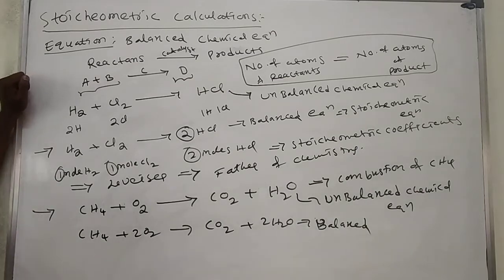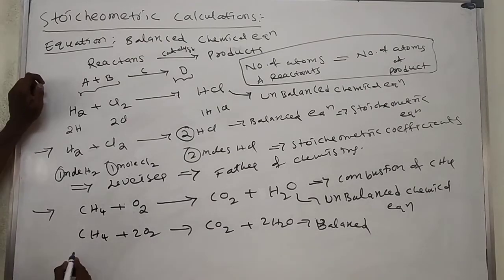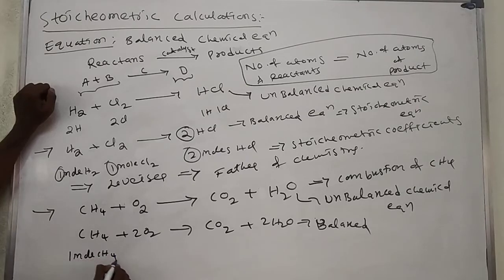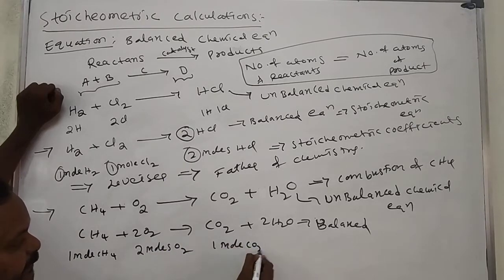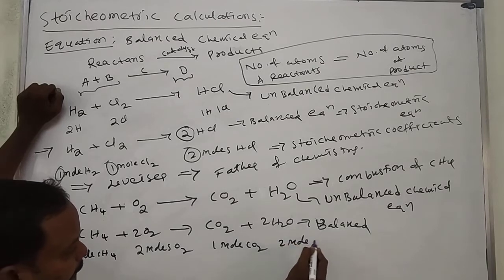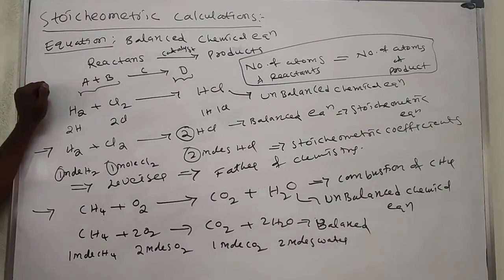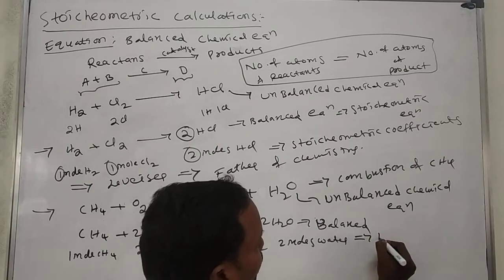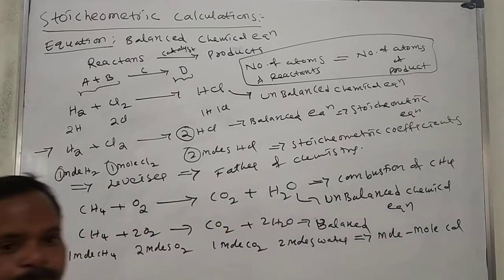When we see the calculations of stoichiometric reactions, one mole of methane reacts with 2 moles of oxygen and forms 1 mole of carbon dioxide and 2 moles of water. Remember that one. This is mole calculation.